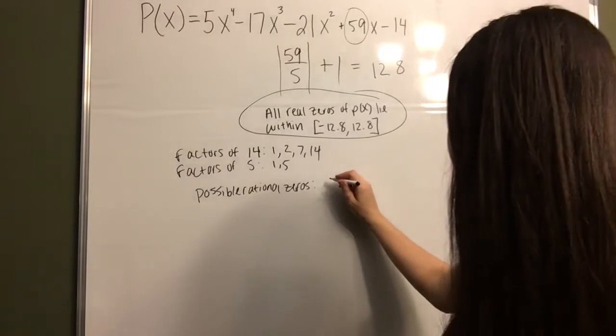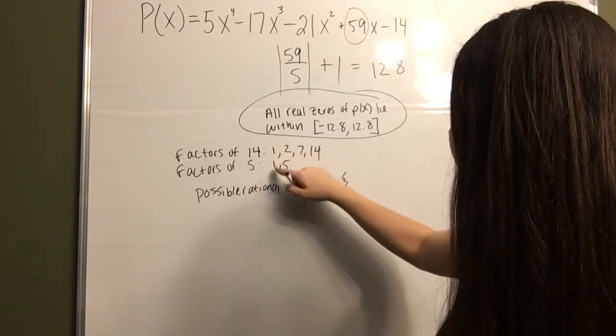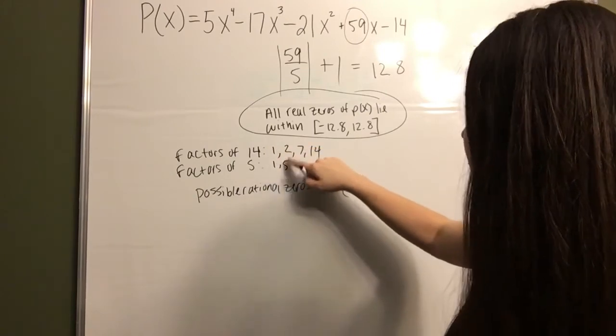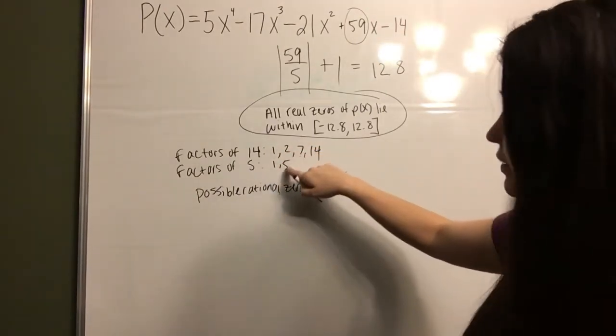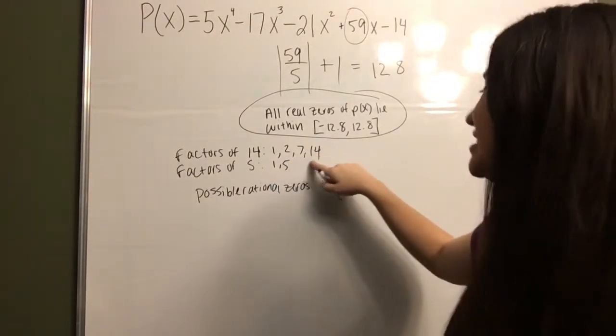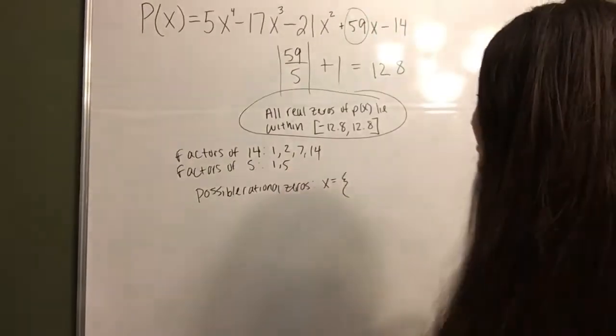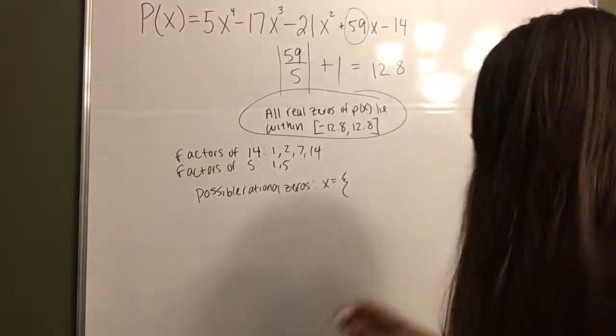So if we go through this, we get 1 divided by 1, 1 divided by 5. 2 divided by 1, 2 divided by 5. 7 divided by 1, 7 divided by 5. 14 divided by 1, 14 divided by 5. All right? And plus or minus actually on all of those, okay?